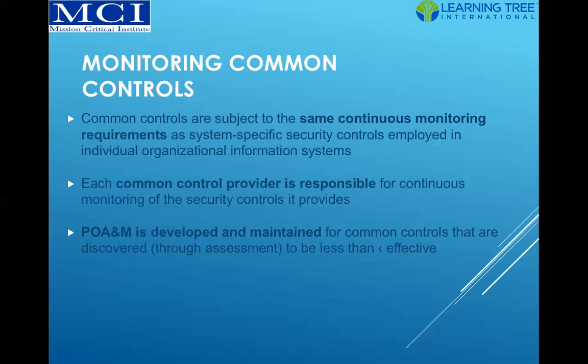Each common control provider is responsible for continuous monitoring of the security control it provides. The plan of action and milestones is developed and maintained for common controls that are discovered through assessment to be less than effective.